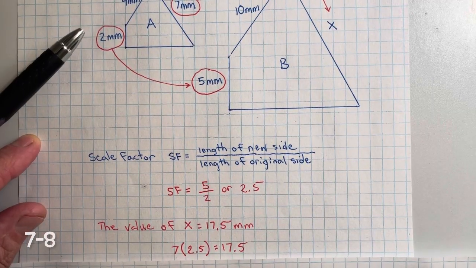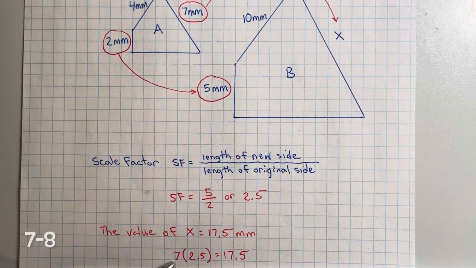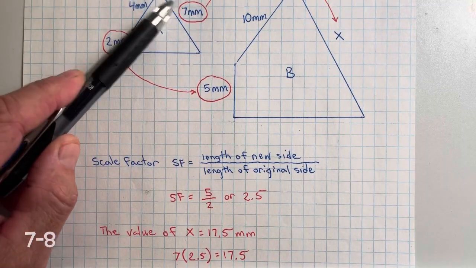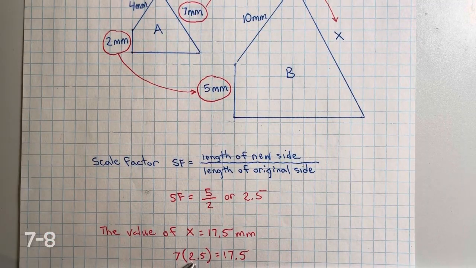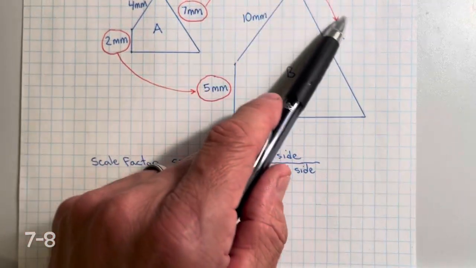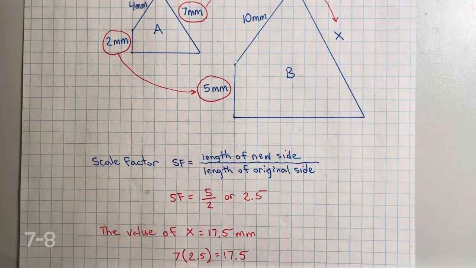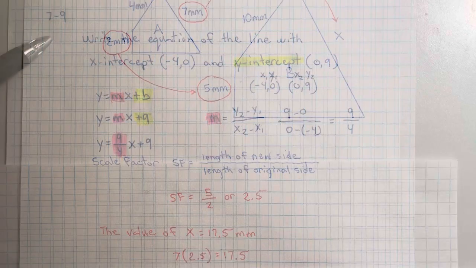I multiply 7, because that's the original, by 2.5. The length is getting greater. So 7 multiplied by the scale factor of 2.5 is 17.5. So the value of x equals 17.5 millimeters.